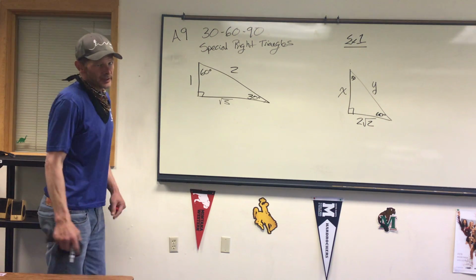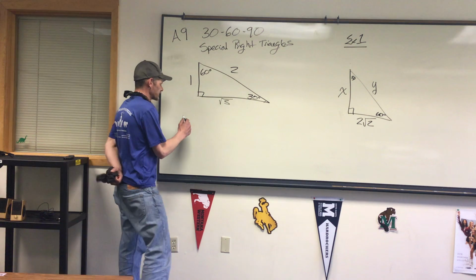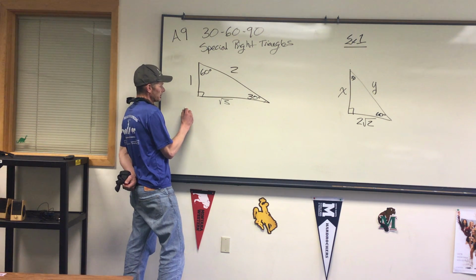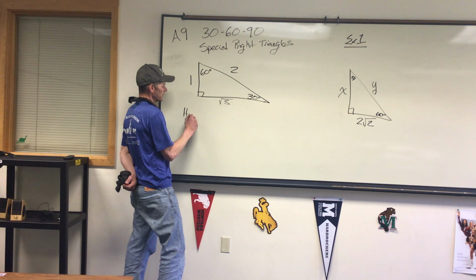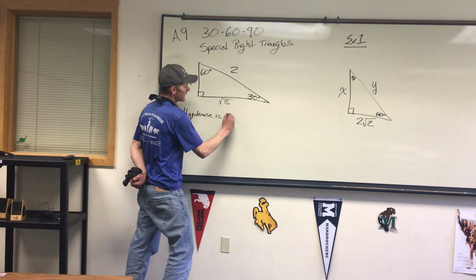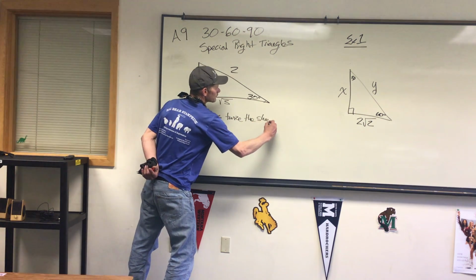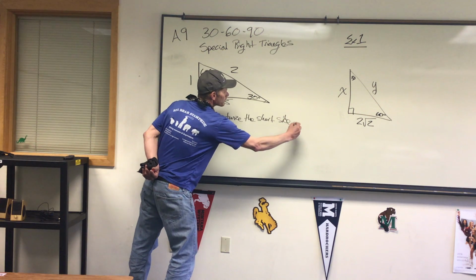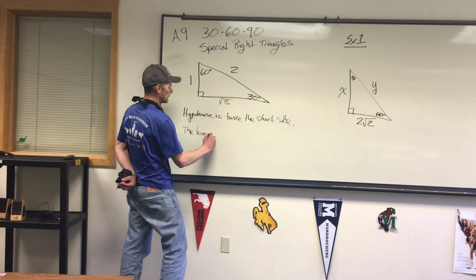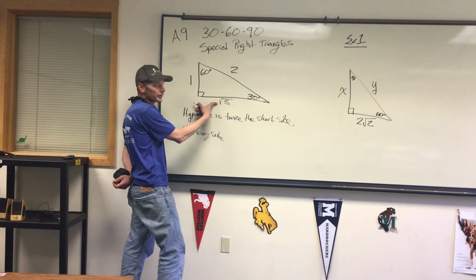So that's it. That is how side lengths relate to themselves in a special right triangle. You can say this: for a 30, 60, 90 right triangle, the hypotenuse is twice the short side. The long side, if you take 1 and multiply it by square root of 3, you'll get here.